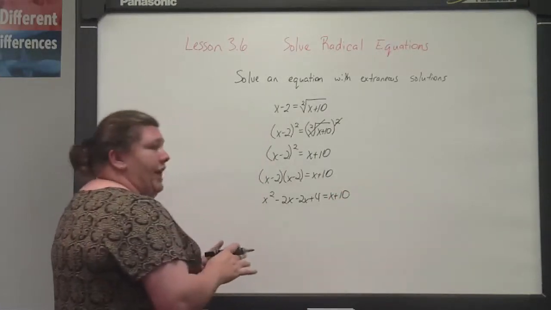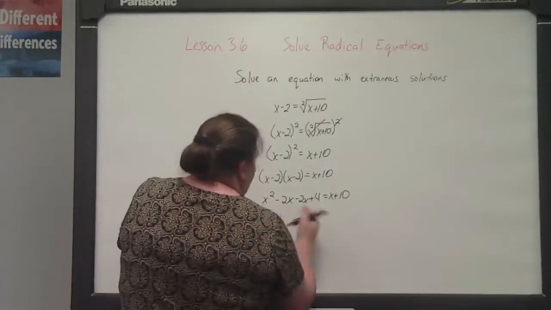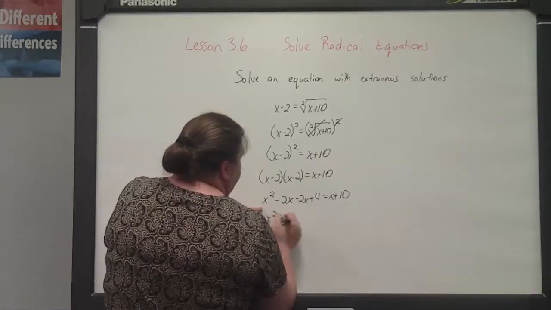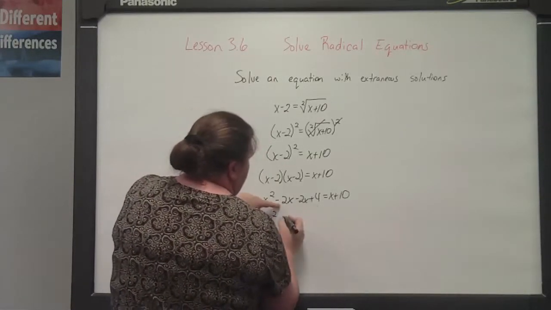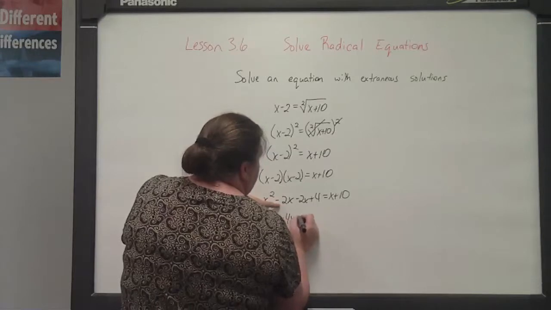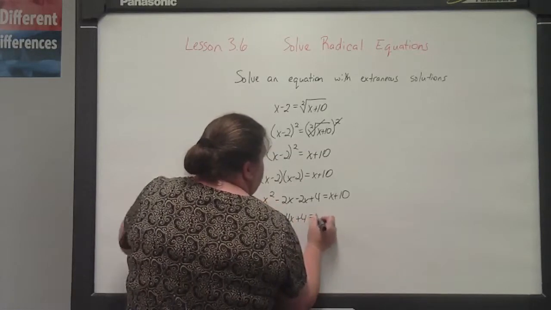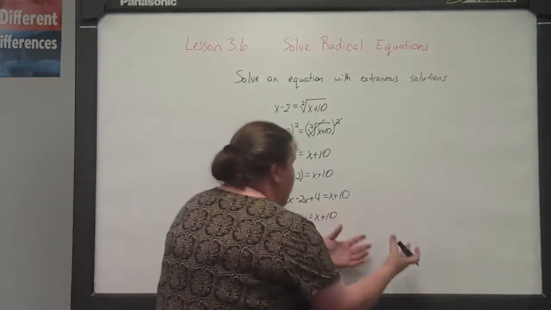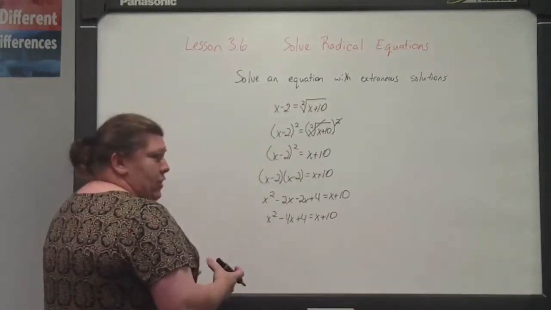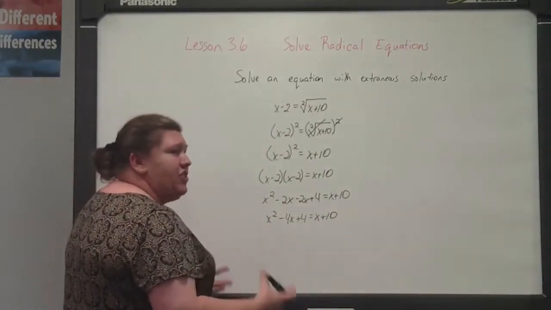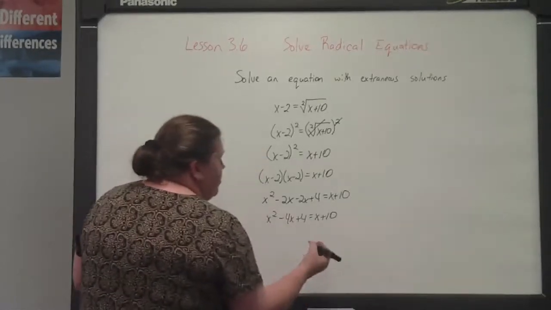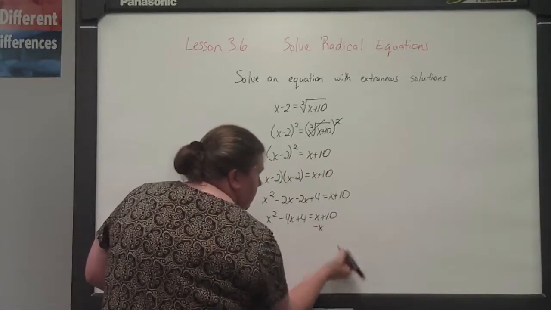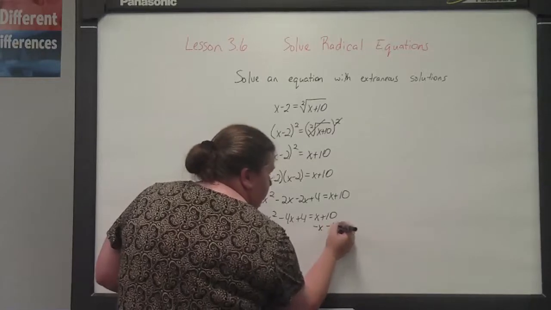We want to combine like terms. And so I'm going to say x squared, a negative 2x plus a negative 2x is a negative 4x plus 4 equals x plus 10. Now what I want to do is I want to move everything over to one side of the equal sign and set this up equal to 0. And so in order to do that, I have to subtract an x and I have to subtract a 10.